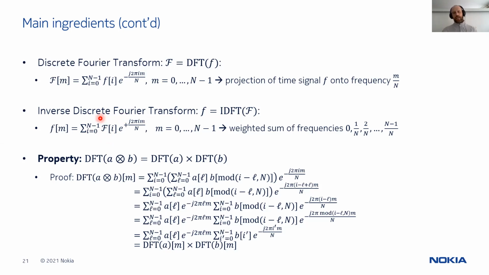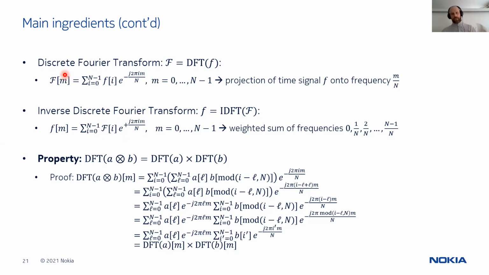What you do is sum sinusoids and cosinusoids of frequency proportional to i, where the weights are these F. So you have to imagine several sines and cosines of different frequencies that you sum with specific weights.